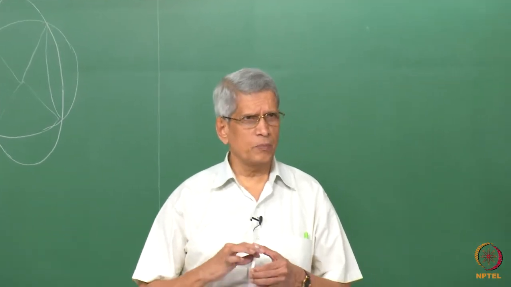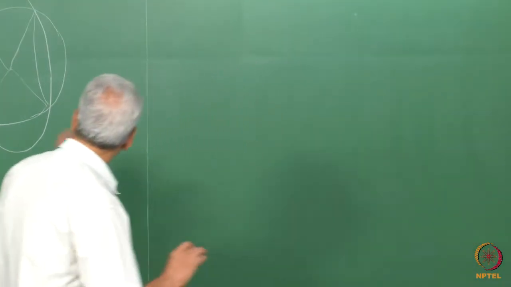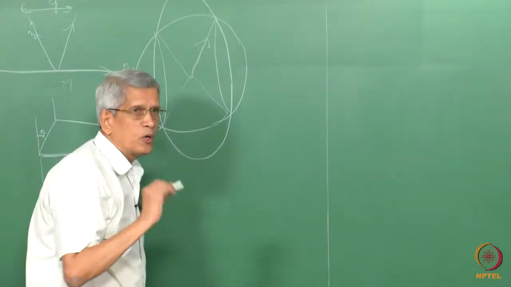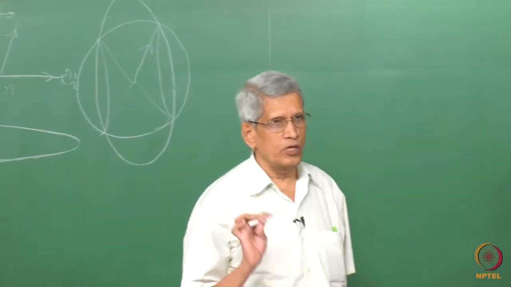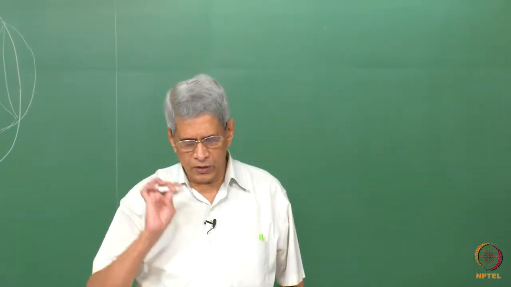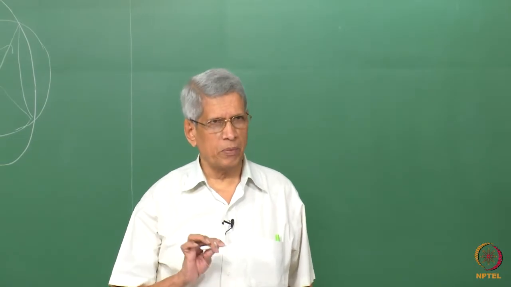That means that we have only vectors, from here to here, which are common to both of them. That means that there is only a distorted vector but not a plane.